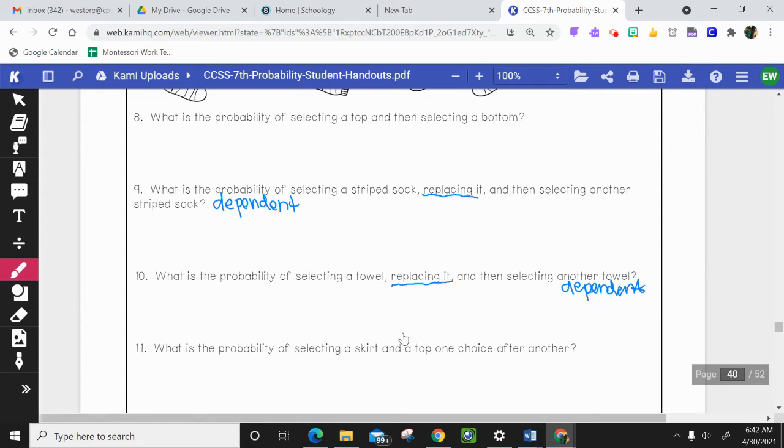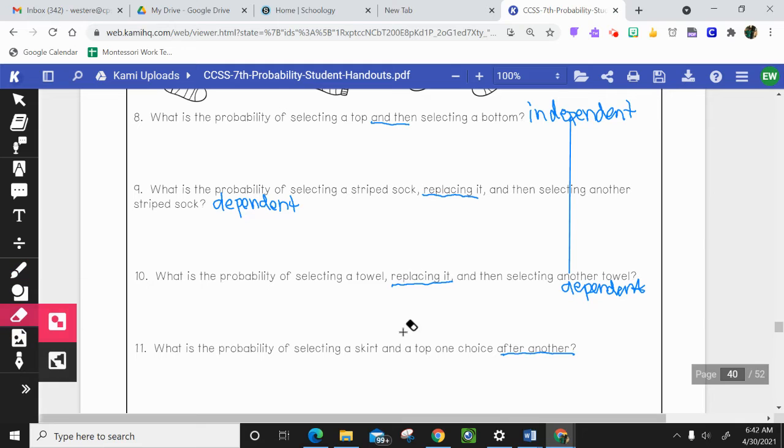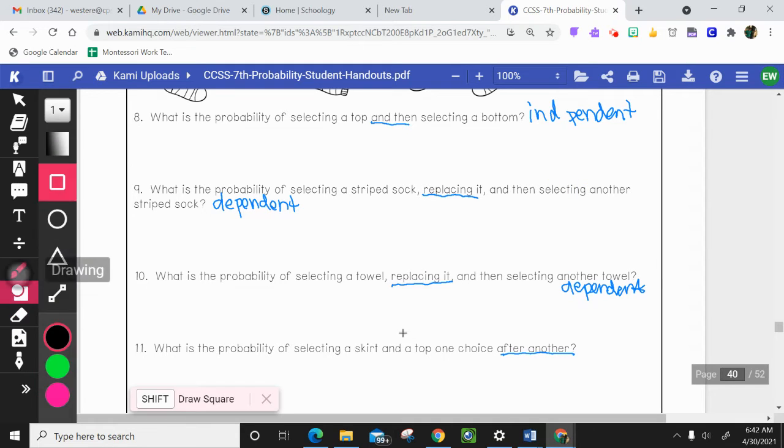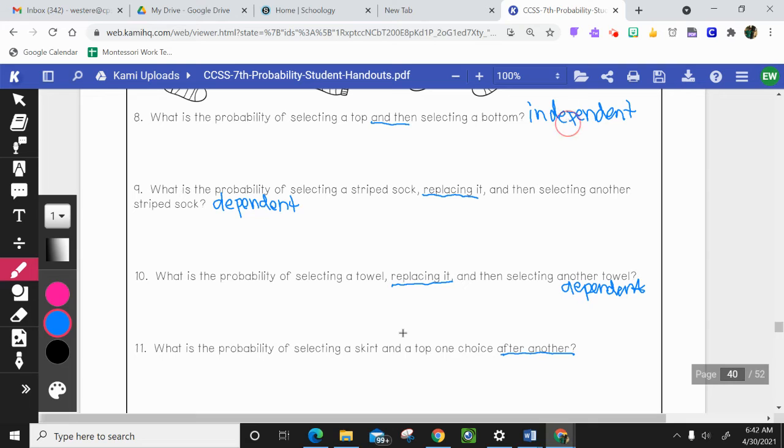And then 8 and 10 is independent. And I've underlined some words to help us figure out which ones are dependent and independent.